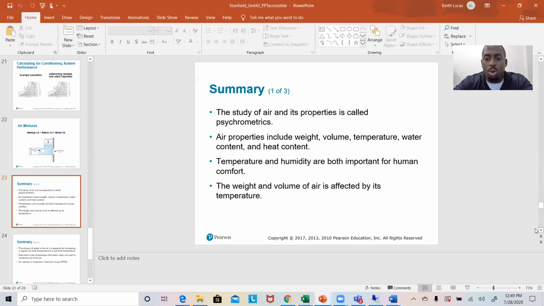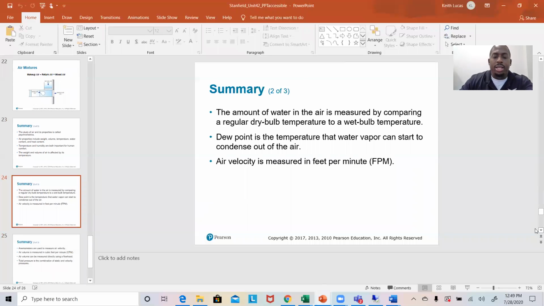Temperature and humidity are both important for human comfort. The weight and volume of air is affected by its temperature. The amount of water in the air is measured in comparing a regular dry bulb temperature to a wet bulb temperature. Dew point is the temperature that water vapor can start to condense out of the air.